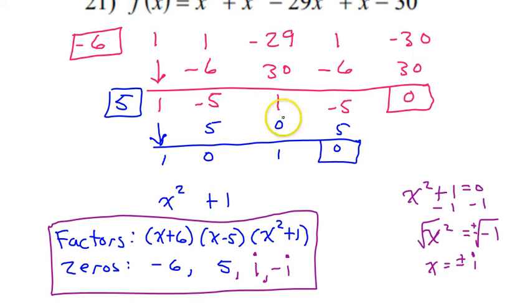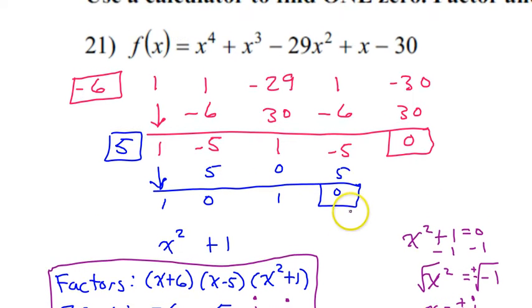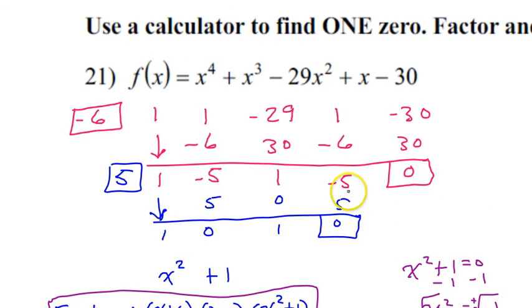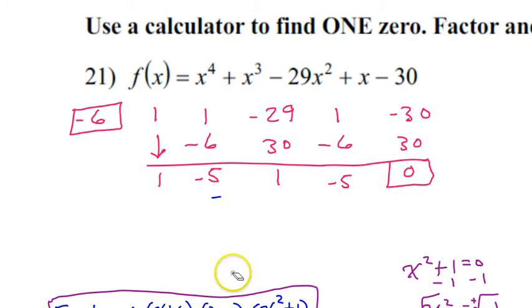Now, the directions did say to just use the calculator to find 1 zero, and then I'm supposed to factor. So the way I could have done it without breaking the rules is I could have used grouping back at this level. And I can see the pattern, 1, negative 5, 1, negative 5.